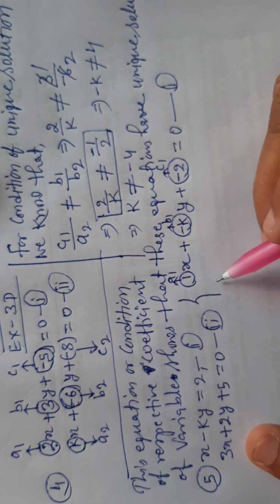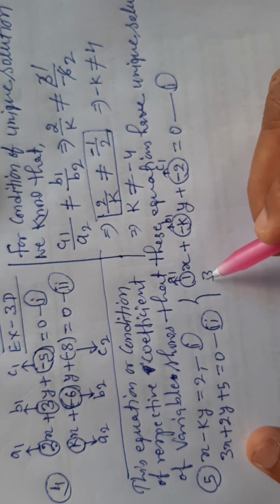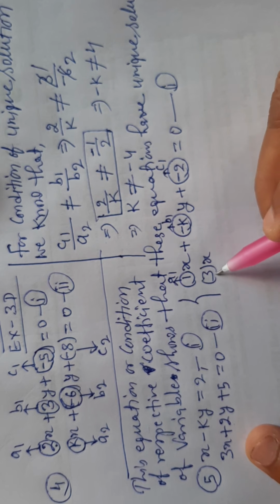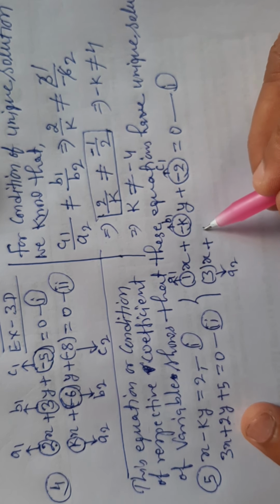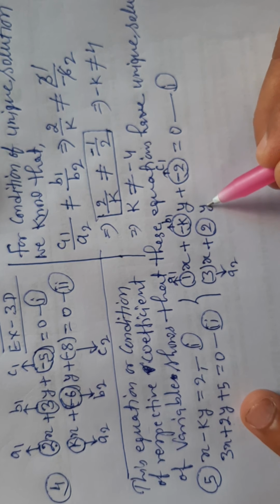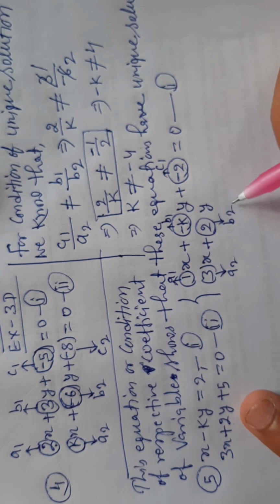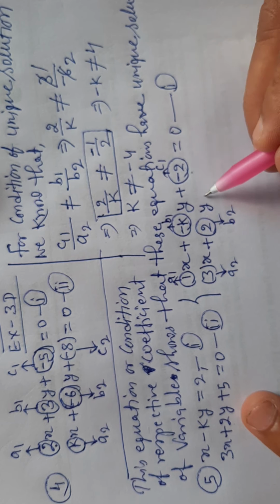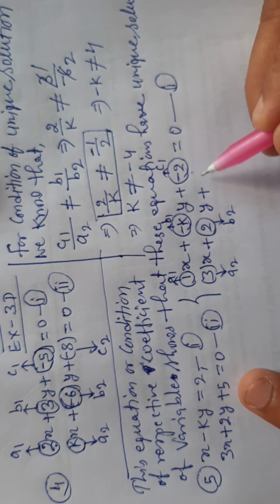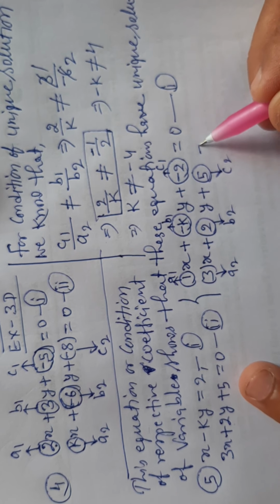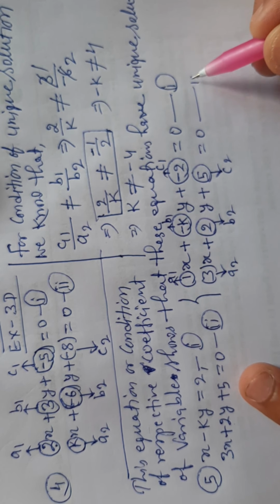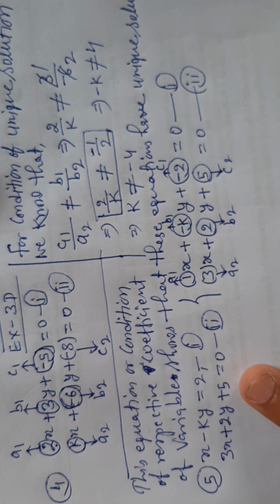And equation 2, 3x is a2, plus 2y is b2, plus 5 is c2 is equal to 0. We have to find the value of k.